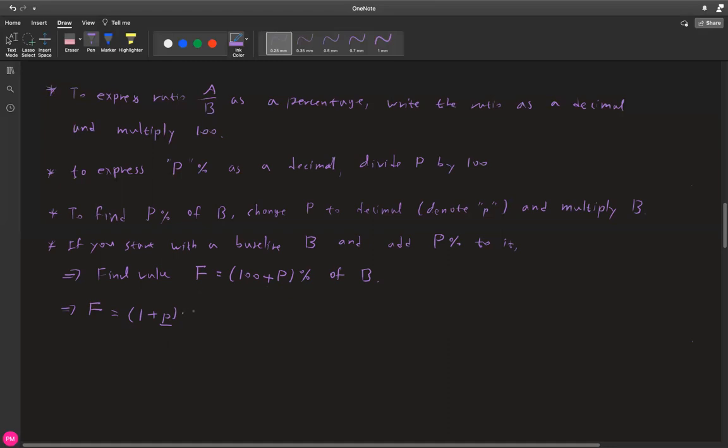And you're multiplying it by the baseline. So in the example, we simply did 1.08, which is 1 plus 0.08, and you multiply by $300 to find the $324, which is the walkout price of the Apple Watch.